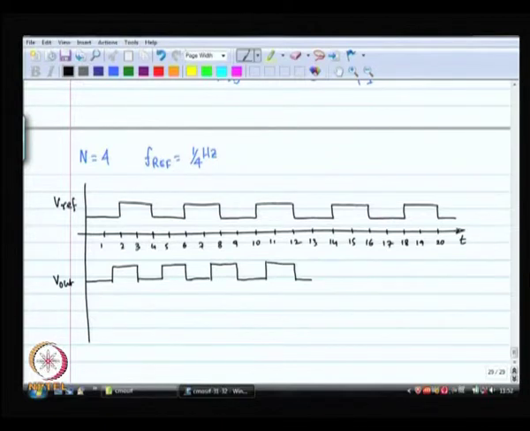Now, in that case, when I divide this by 4, there is a divide by 4 counter that I have got, and what it is going to do is count 2 cycles, then it is going to change its phase.